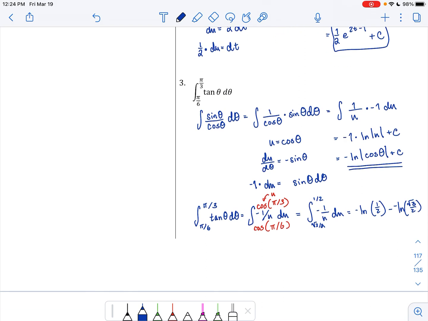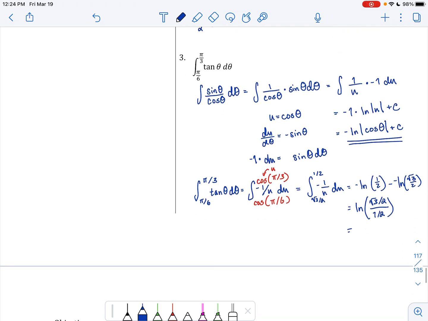And we can use our log rules to say, all right, well, this goes into a denominator, this becomes positive. So this simplifies to the natural log of root 3 over 2 over 1 over 2, which simplifies to the natural log of root 3.